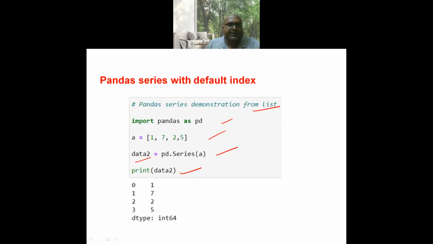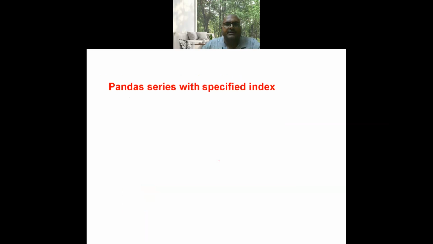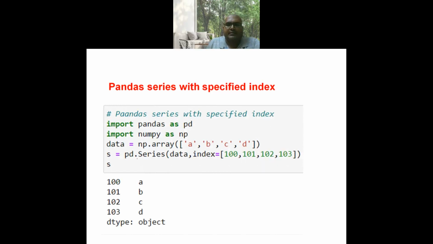Here the indexing values are defined by default; they are not defined here. In the next program, we are going to specify the index. Within the syntax of the Pandas series, you can specify the index values so that in the output you will get the specified index values.